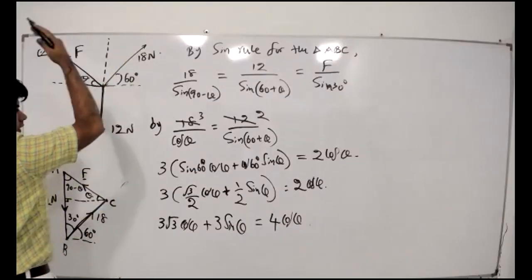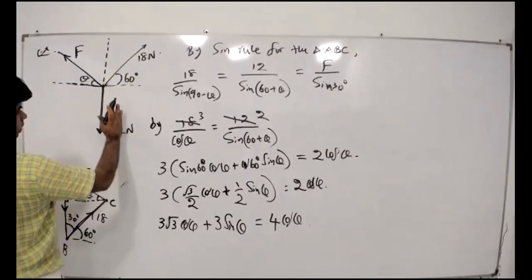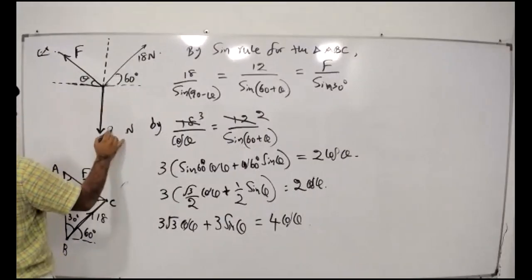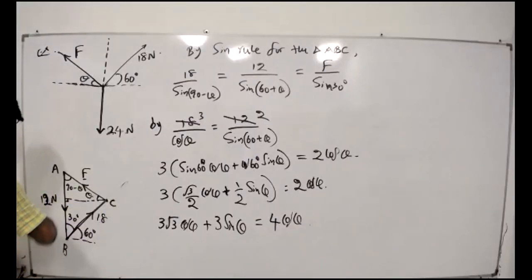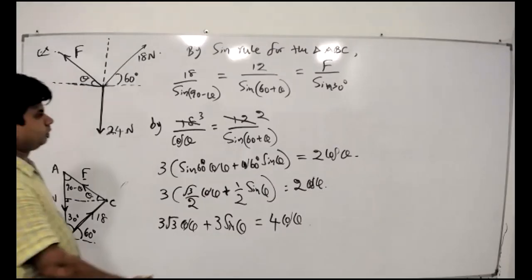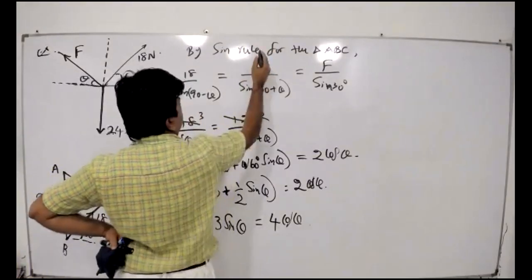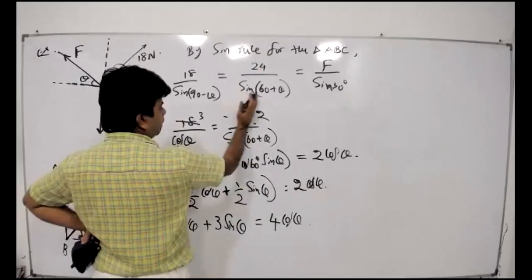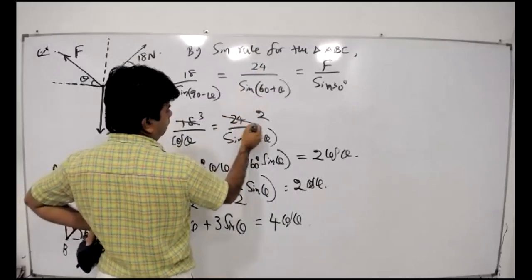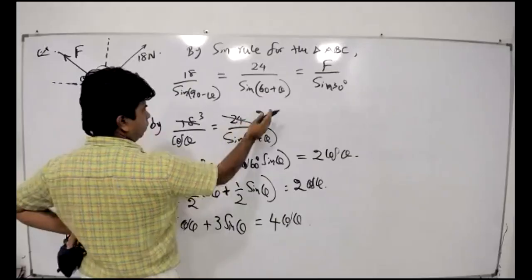Yes, in the back. Can you take this as 24 newtons? Please take this as 24 newtons. Then here 24, here 24, then here 24. Then 6 into 3 and 6 into 4.